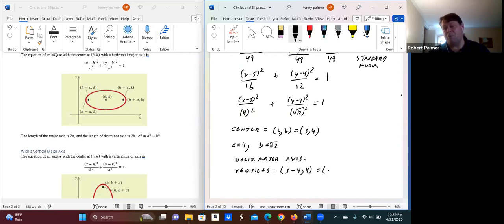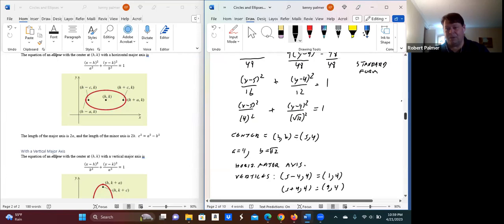And that's going to be 1 and 4. Right here. The other vertex will be H plus A and K. That's going to be 5 plus 4 and 4, which is 9 and 4.